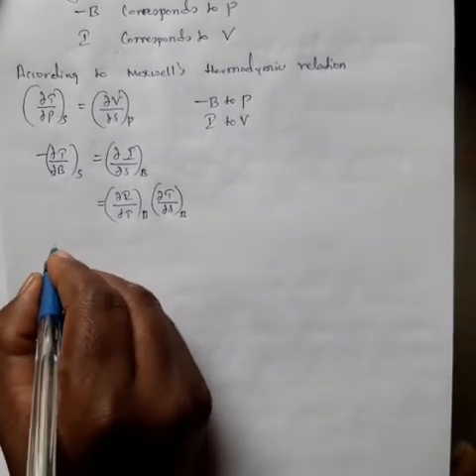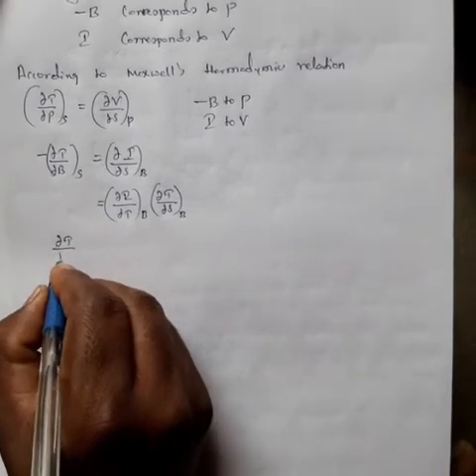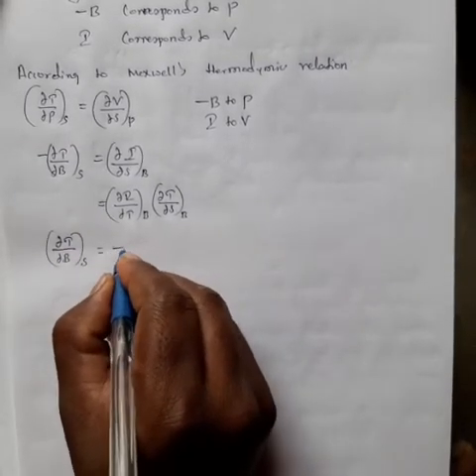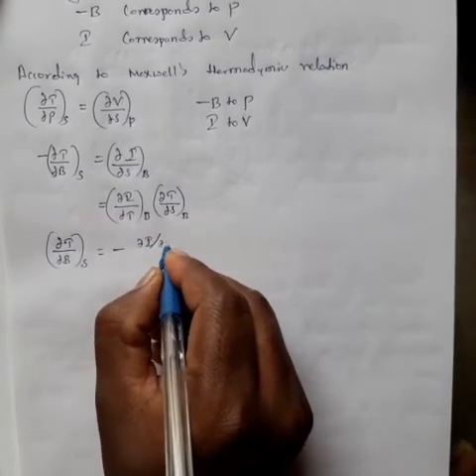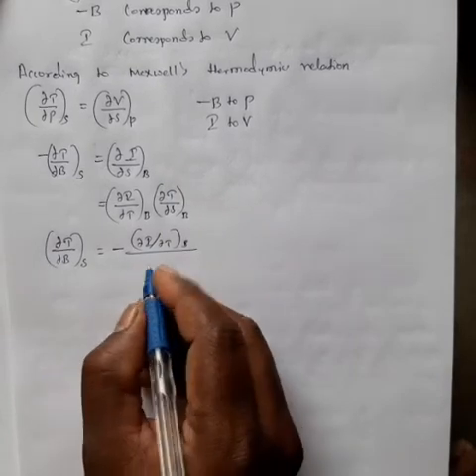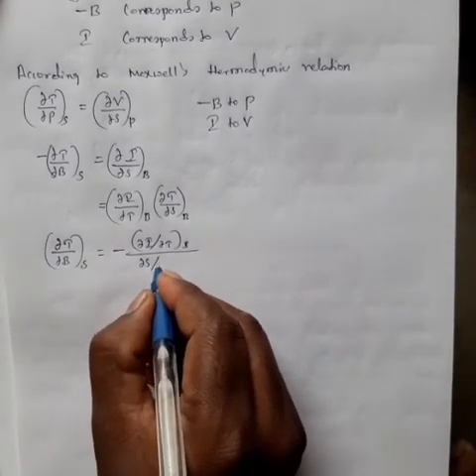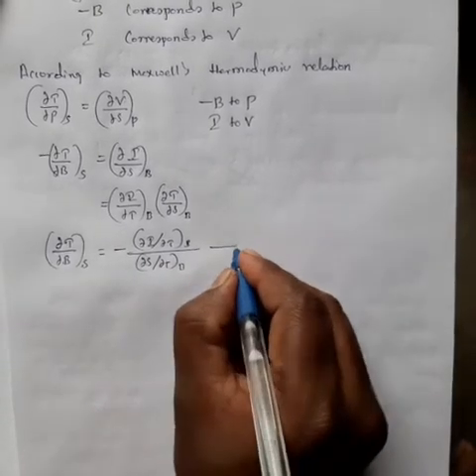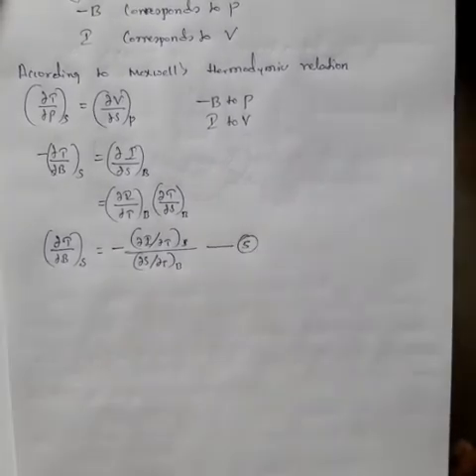So now this can be written as (∂T/∂B) at constant S is equal to minus (∂I/∂T) at constant B in the numerator and (∂S/∂T) at constant B in the denominator. Let us consider this as equation number 5.